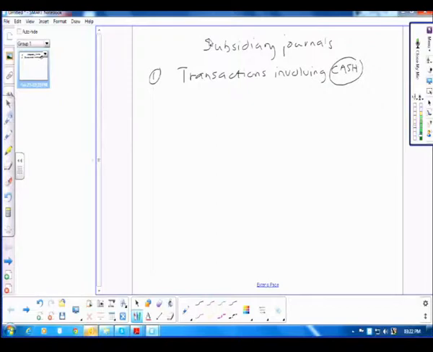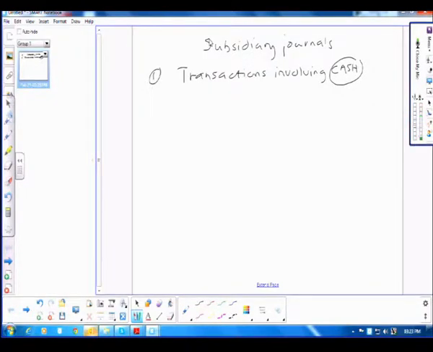Cash is king. We know that the business can buy or sell things on credit, but the books falling within this category are used for transactions involving cash. Here, cash is non-negotiable. No credit in this category.